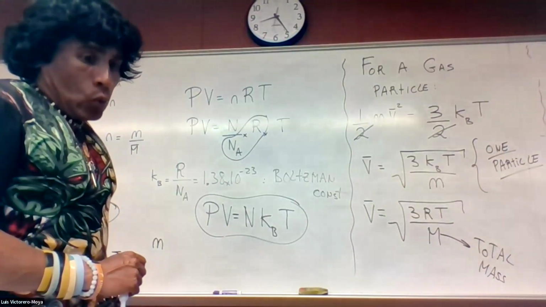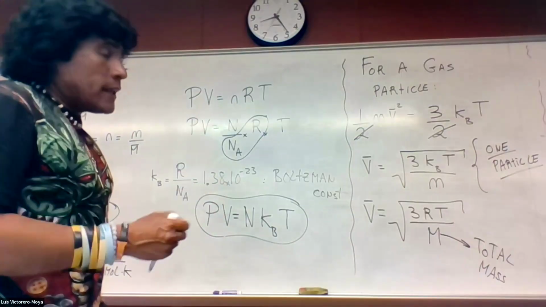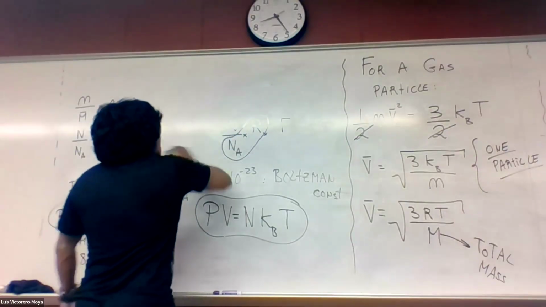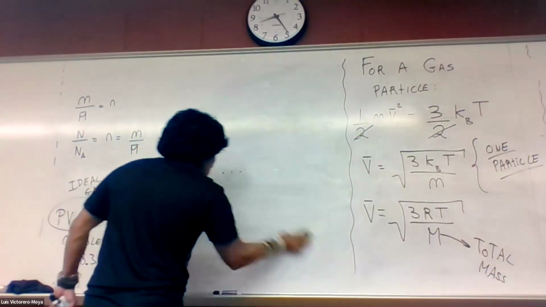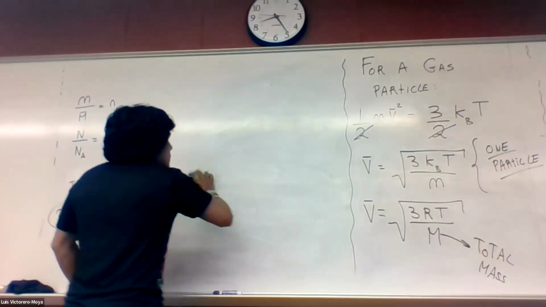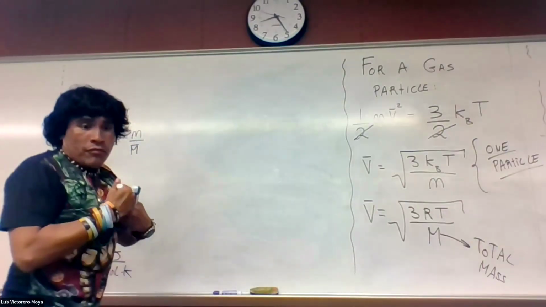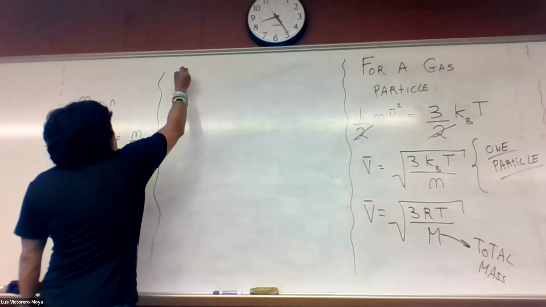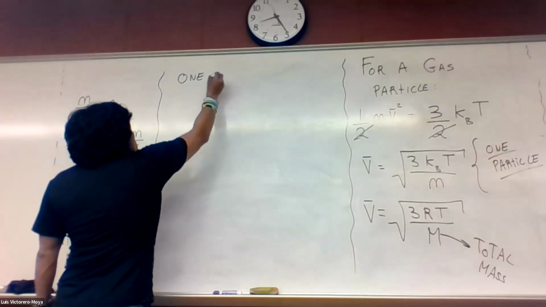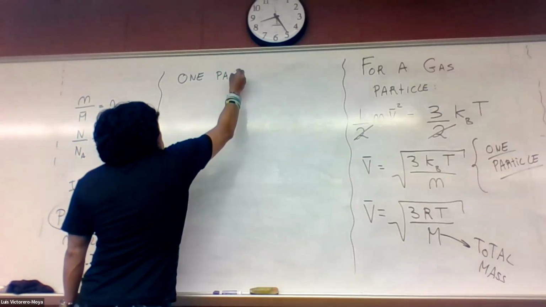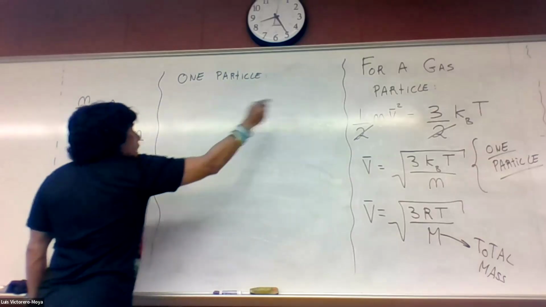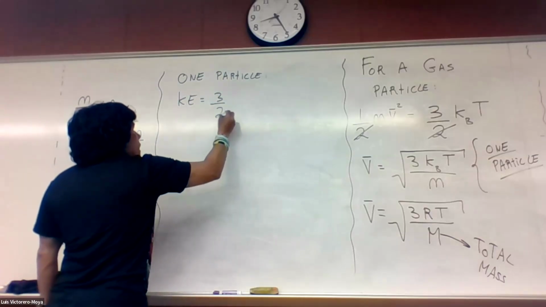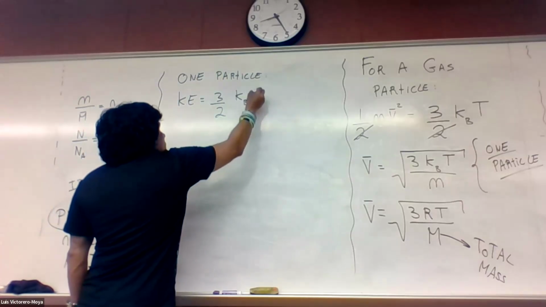And then we can find the total kinetic energy of the gas. So we have that for one particle, the kinetic energy is 3/2 kB temperature.